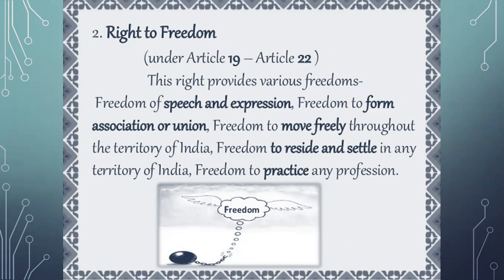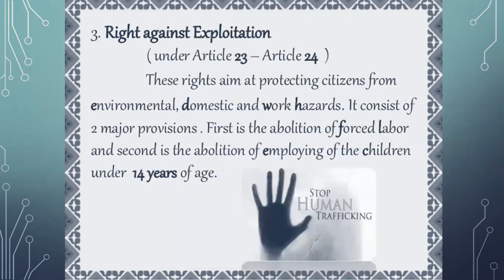Freedom to reside and settle in any place, you can settle anywhere in any territory of India. Freedom to practice professions, right? You can join any profession. It provides all these types of freedoms.